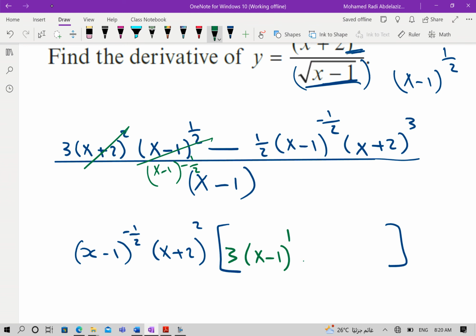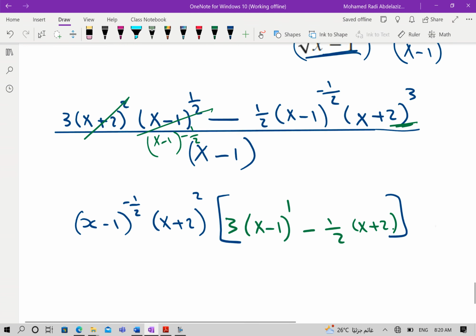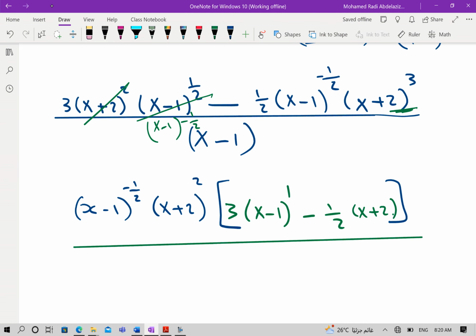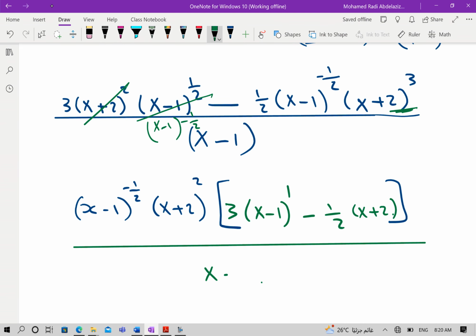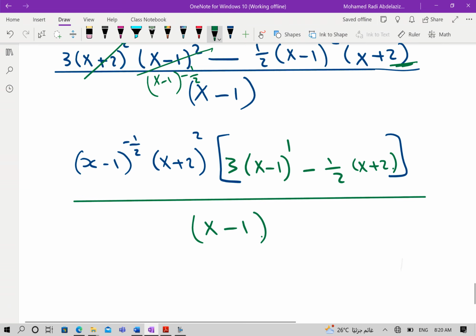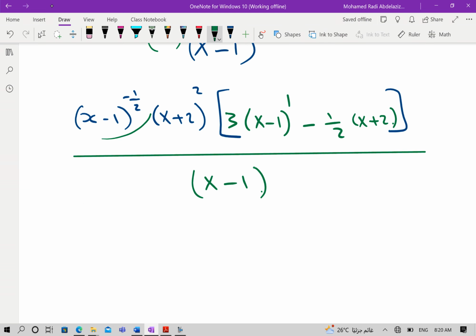Then minus half, when you take (x + 2) all squared outside, so what is left is (x + 2) all divided by the denominator, (x - 1). This is (x - 1) power negative half and (x - 1) power 1. You can subtract the powers. So the answer down will be (x - 1) whole power of half, or you can write it again as a square root.